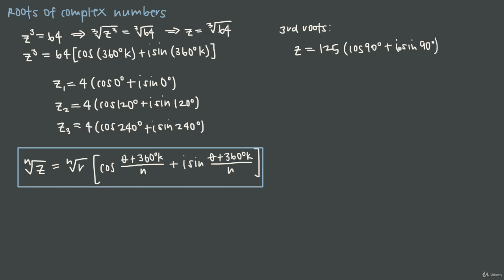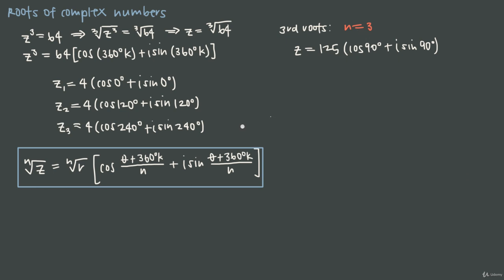So I have a complex number in polar form. I want to find the third roots of this. Well, if I'm finding third roots, that means that n equals 3. You're always going to have the same number of roots as what you're asked for here. So if I'm looking for third roots, there's going to be 3. If I'm looking for fifth roots, there's going to be 5. If I'm looking for 10th roots, there's going to be 10 of them.